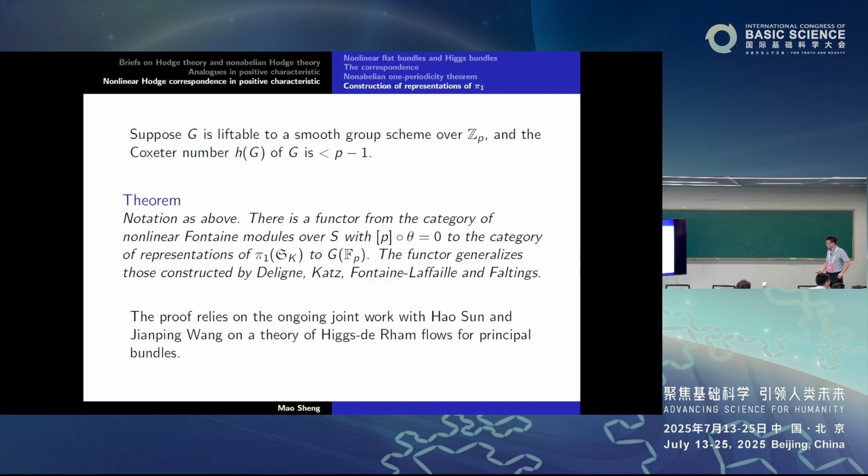For me, imagine you have some scheme which is smooth over W, projective, and you can take the Fontaine module. If you can put some Frobenius structure as I define here, then you can produce a Galois representation into the automorphism group of your Fontaine module. For me, this is a kind of potential application, because the way to construct Galois representations is different from the classical one.